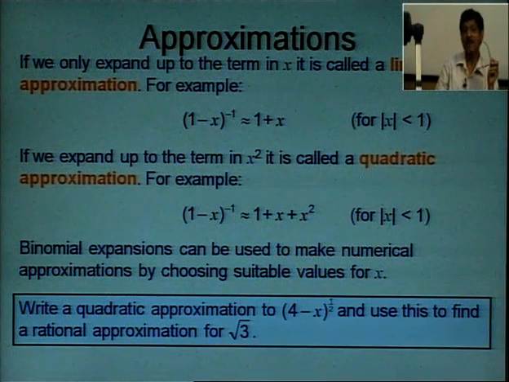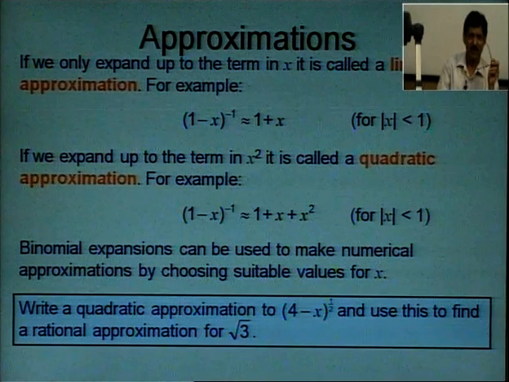Now, let us see a sort of application of these approximations. So, I find the approximate value of square root 3. Well, with the help of a calculator you can do it, you know the value of square root 2, that is a standard value.